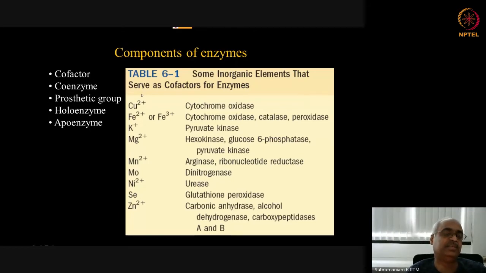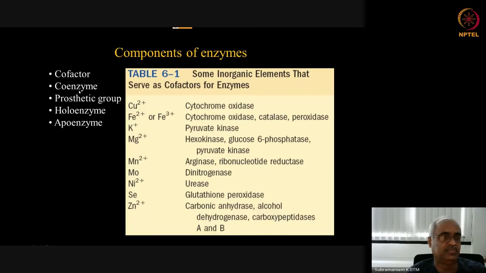And sometimes such non-amino acid moiety present in enzymes can be small organic molecules, and they are called coenzymes. Almost all the B complex vitamins that we require as nutrients in our food function as coenzymes.